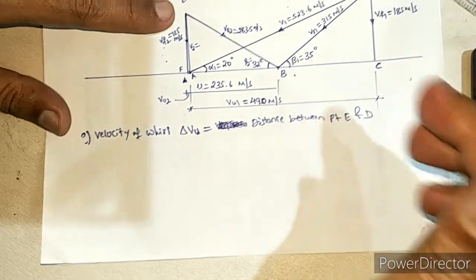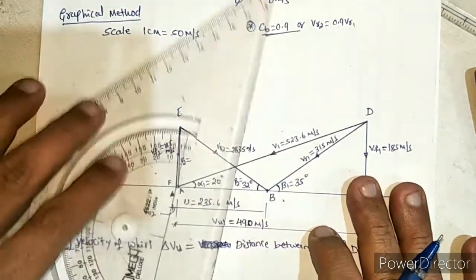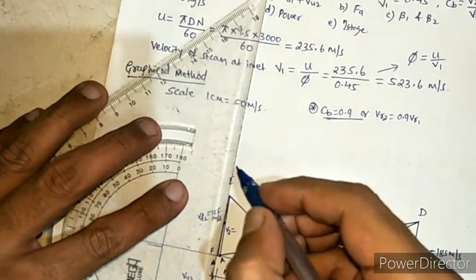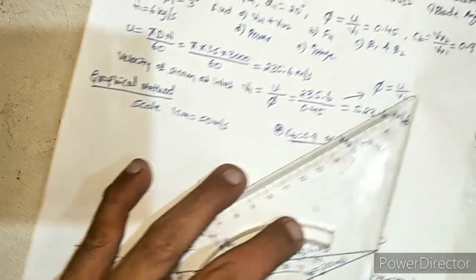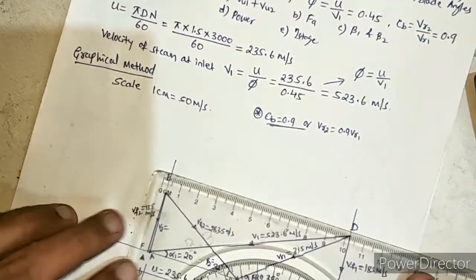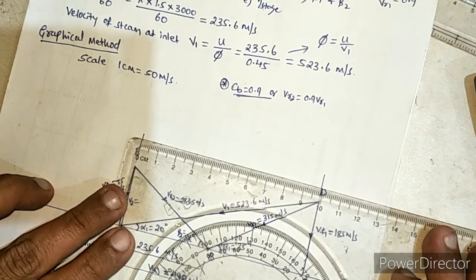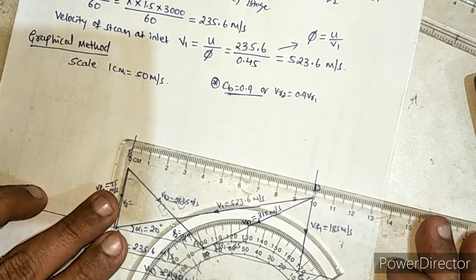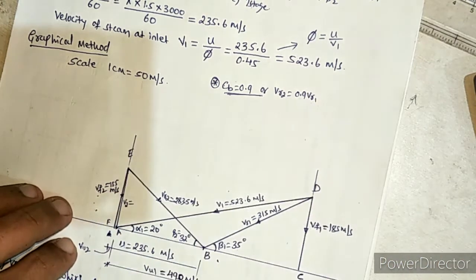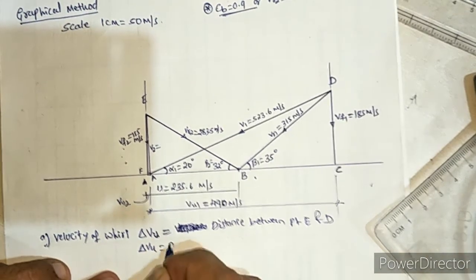It should be multiplied with the scale here. If I measure this, the length is 9.9, as you can see here, 9.9 centimeters.